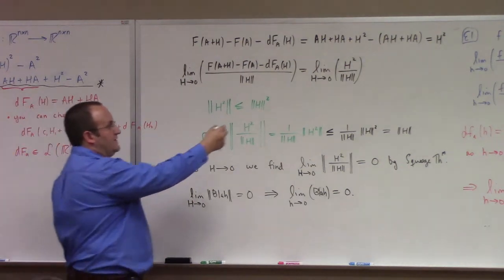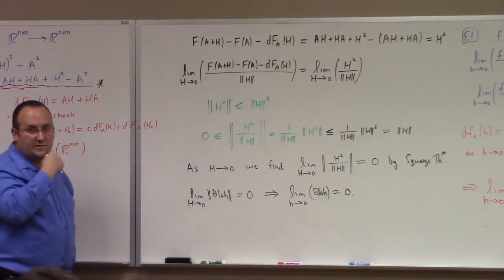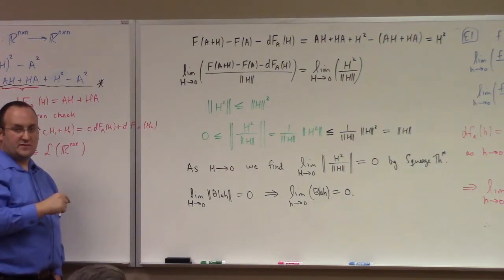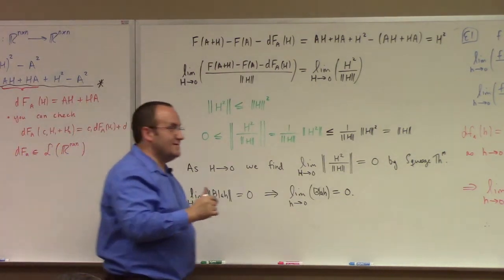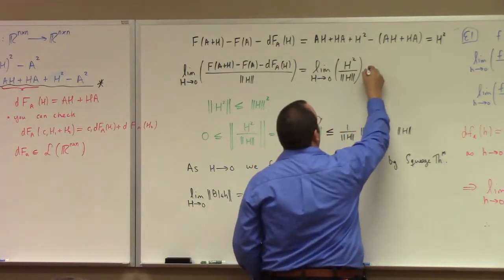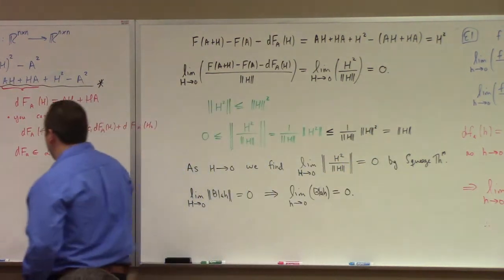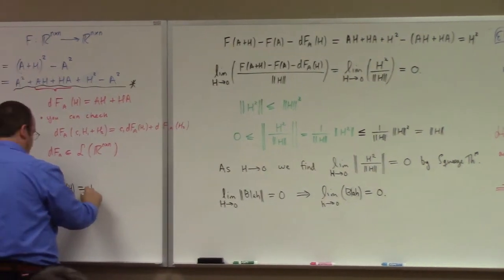So I've shown that the norm of the Fréchet quotient goes to 0, but that implies that the Fréchet quotient itself goes to 0. Consequently, our aha moment was genuine. So there you go. So apparently, the differential of f at a, applied to h, is equal to aha.